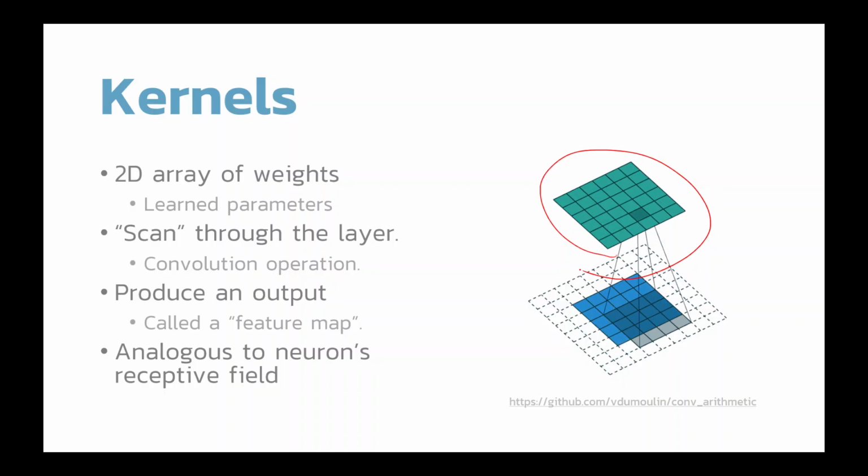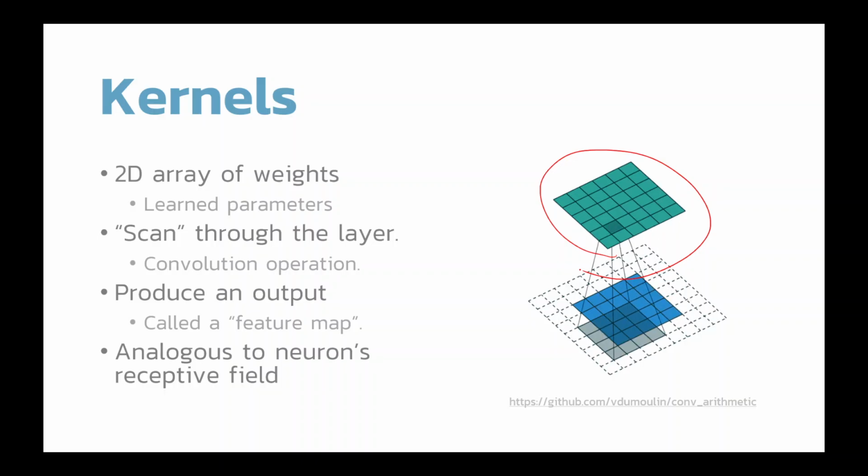Using the same kernel, it scans through the image and detects certain patterns that occur, like edges, circles, squares, something quite primitive. This gets mapped into the output layer, and the output layer is just a representation of that particular pattern that the kernel detected.